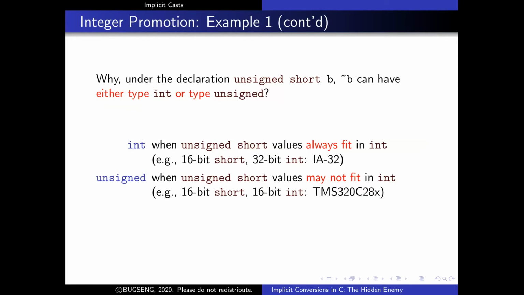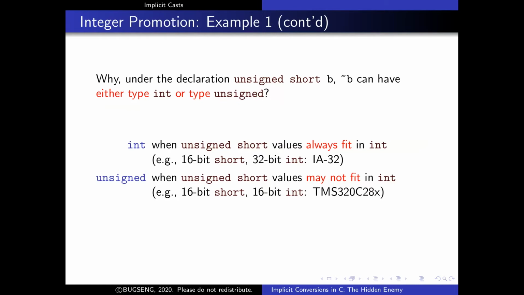And this is the case, for example, for Intel 32-bit architecture and many other architectures where shorts have 16 bits and ints are 32 bits wide. So all values of type unsigned short will fit into int in this case.